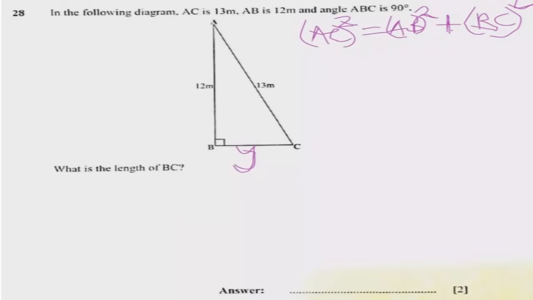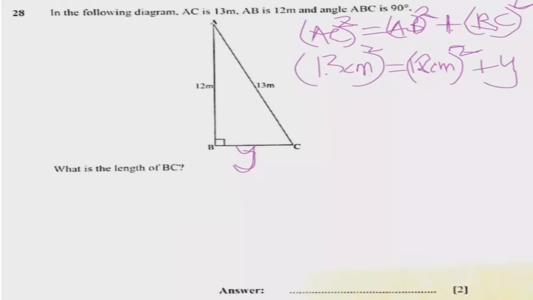Then what we do is replace these by their numerical values. So AC is equal to 13 centimeters squared, which is equal to AB, that is 12 centimeters squared, plus the value of BC, which we have said is Y, so just Y squared.